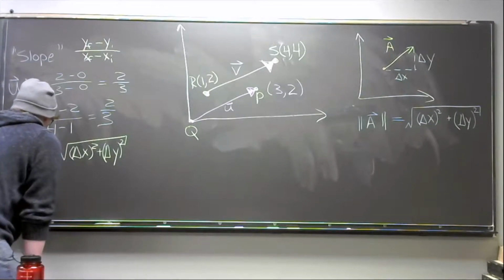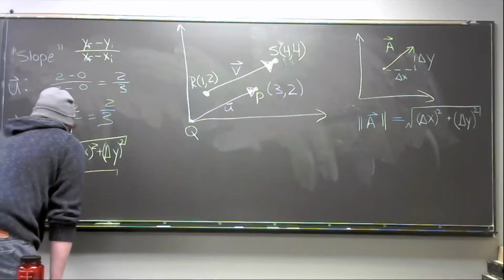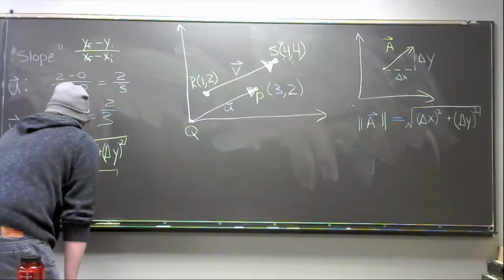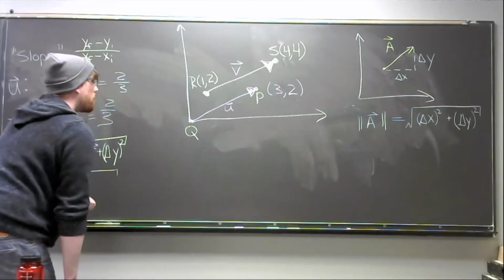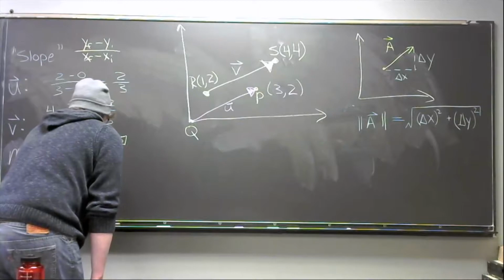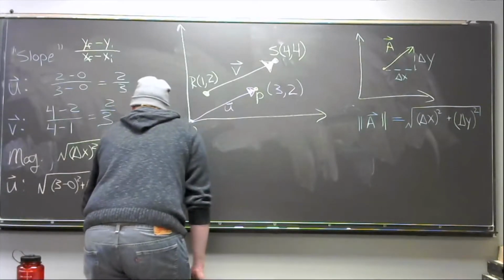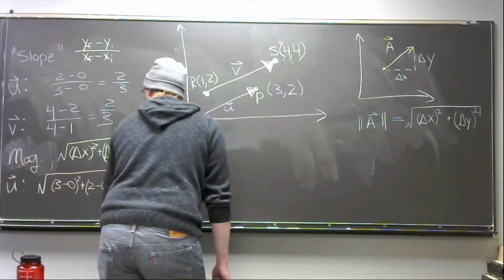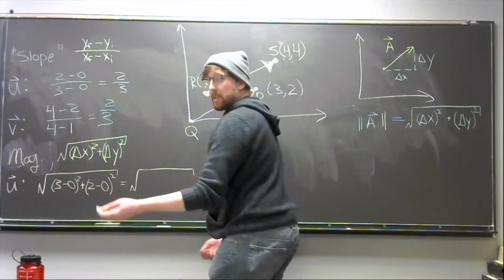Okay? So for u, that'll be 3 minus 0 squared plus 2 minus 0 squared, which is going to be equal to 9 plus 4, or the square root of 13.